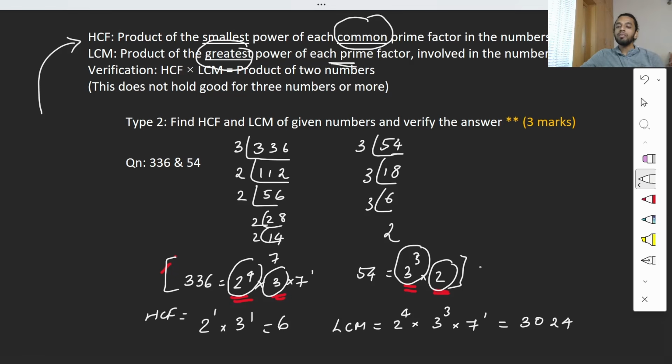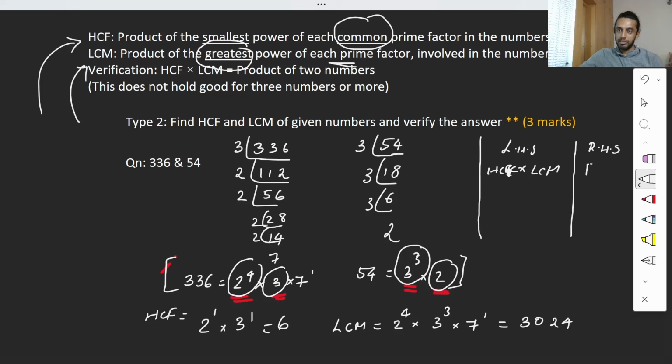Now, how do we verify? Verification is an important part. In order to verify whether the answers we have got are right, we need to take the left hand side and the right hand side. The left hand side will be HCF times LCM, so we multiply the answers we have got. The right hand side will be the product of the two given numbers.